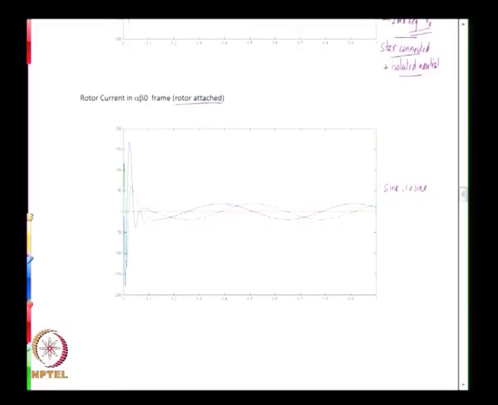And here again you see that the 0 sequence component I0 is 0. This again is a result of a balanced system and considering a star connected winding on the rotor. The x axis is of course time in seconds, and the y axis is rotor current in ampere.